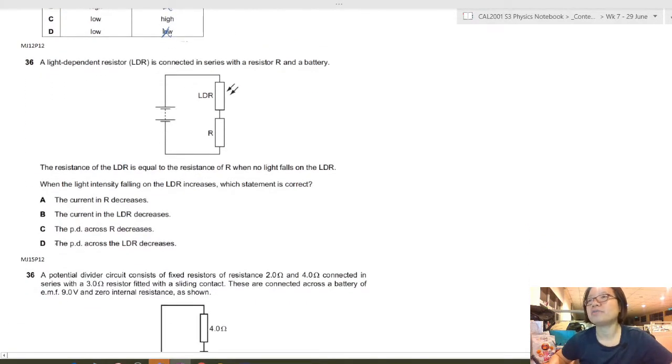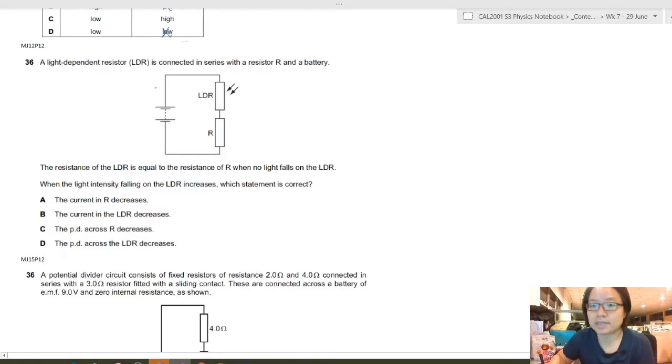Here again you have an LDR and then another resistor and a battery. The resistance of the LDR is equal to the resistance of R when no light falls on the LDR. When the light intensity falling on the LDR increases, which statement is correct?